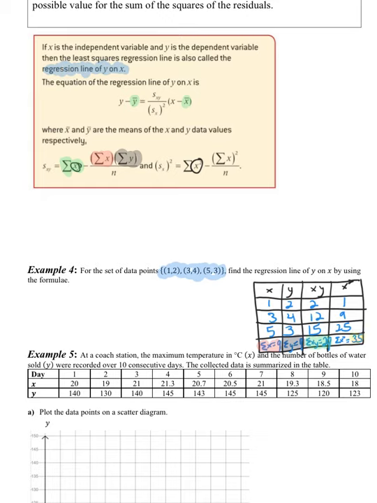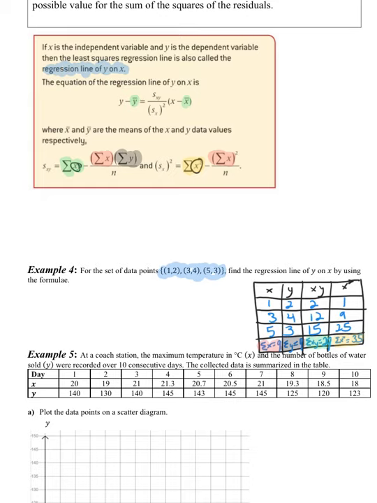We need to know the sum of x squared, that's going to be right here. And then we also need the sum of x and then squared. But that's what all these values are here. So we need to find those values. It's kind of a weird way to think about it, but that's what we're going to do here.